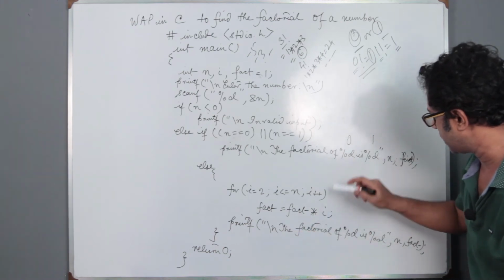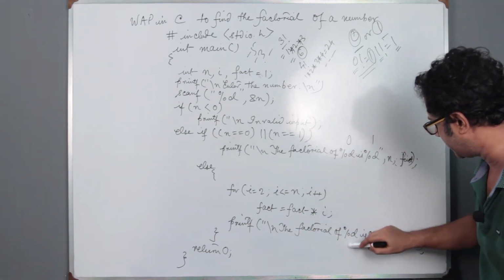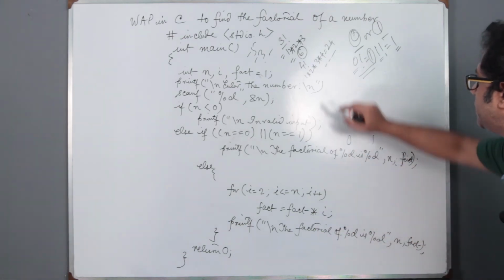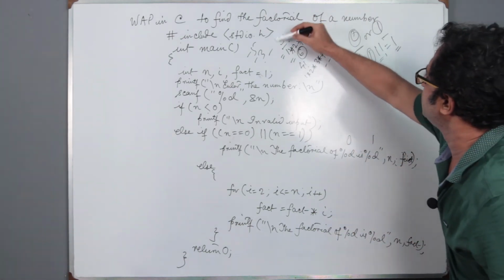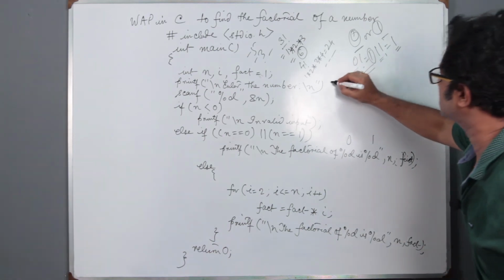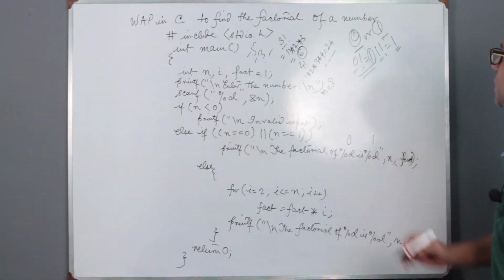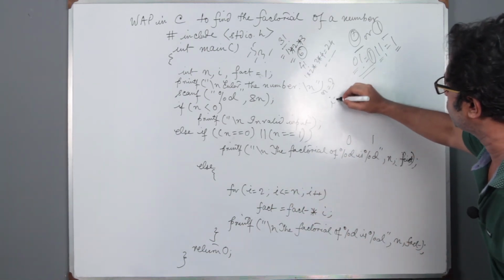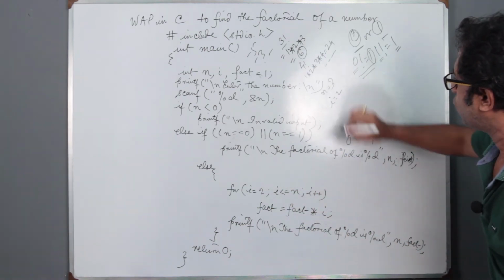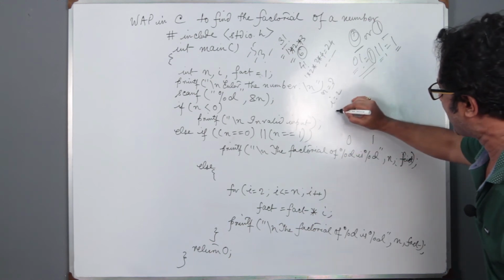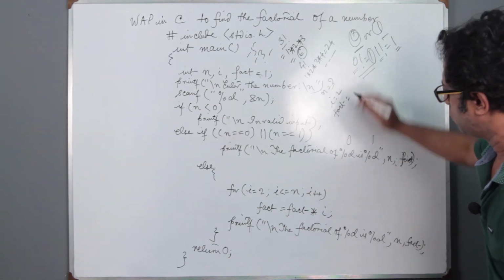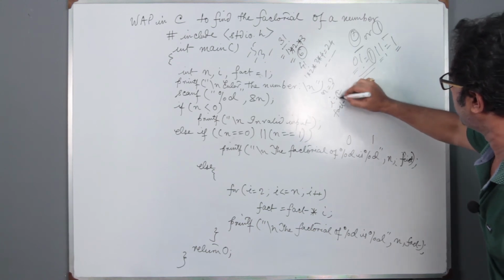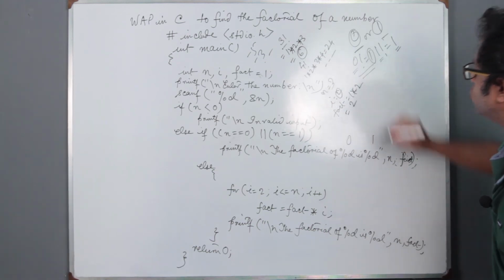In the same way we have printed here the factorial of %d is %d. Now see, the factorial of %d means 3, say the user has given n is equal to 3. So in that case the loop will go like this: i is equal to 2, then what will be the operation? fact is equal to whatever is the value of fact from the beginning, 1 star i means 2, that is 2.